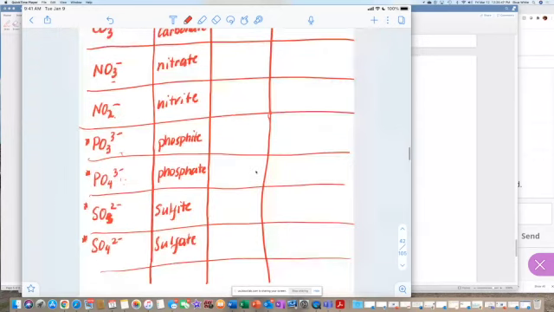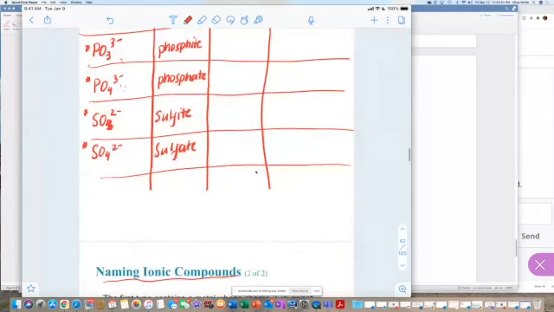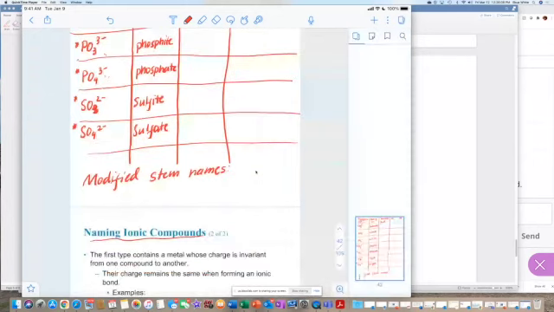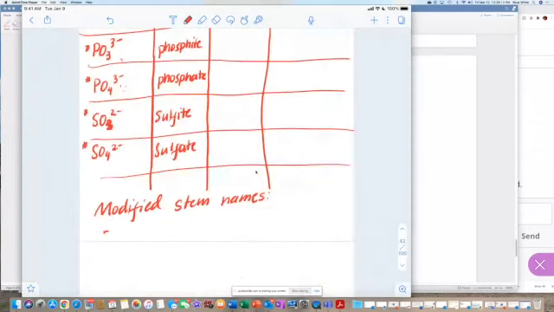Okay, so here's the thing. Before we get the acid, I want to talk about the stem names. So these are the stem names. Modified stem names, that's what I'll call them. When you're naming the acid, these two have to be modified. The sulfur has to be modified, and so does the phosphorus.